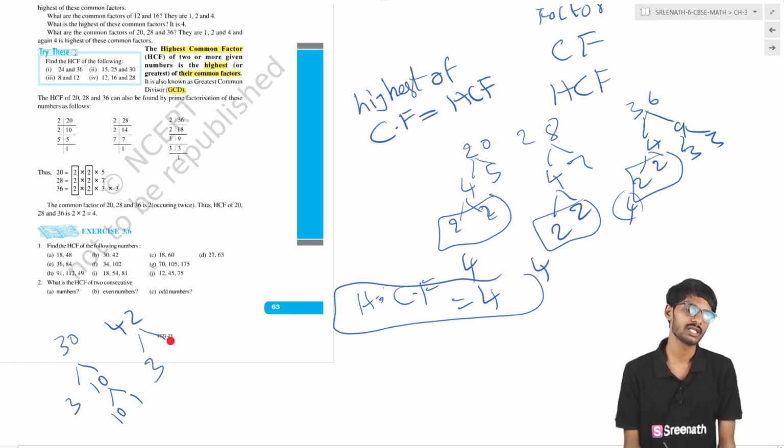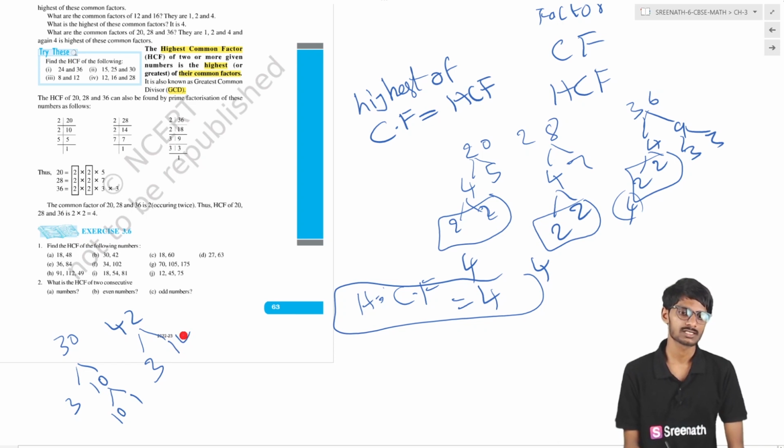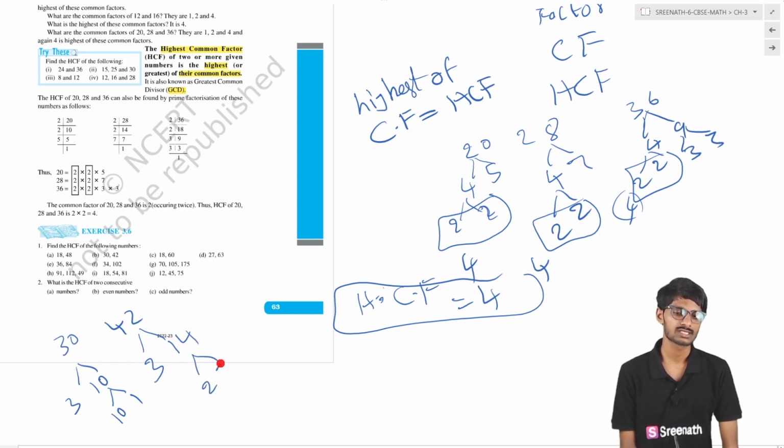In how many times? 3 tens are 30, and 3 14s are 42, and we can write it as 2 7s. Okay, students, if you see in both cases, the common factor is 3 itself only.